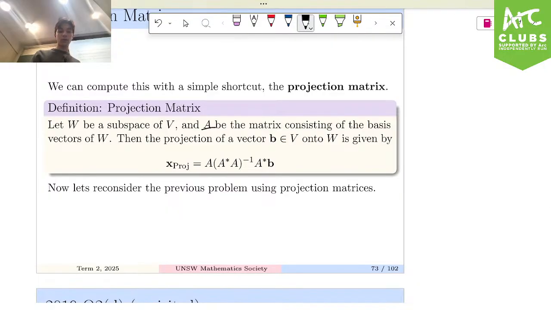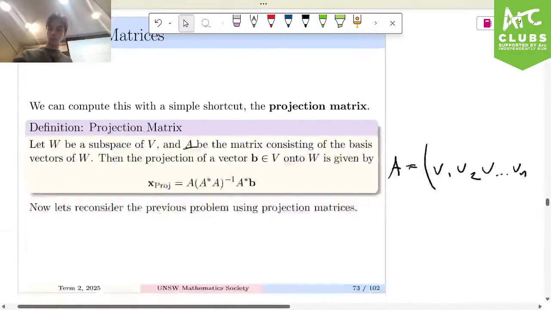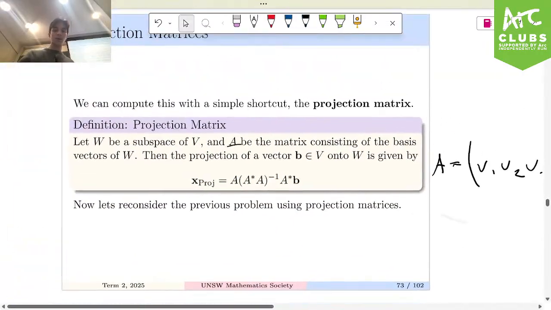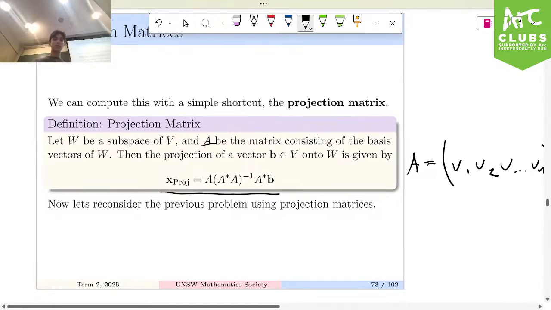if you construct a matrix A of the basis vectors of W, so if you construct A to be the matrix V1, V2, all the way to Vn, then you can actually apply this theorem and compute the projection of a vector B onto W directly.